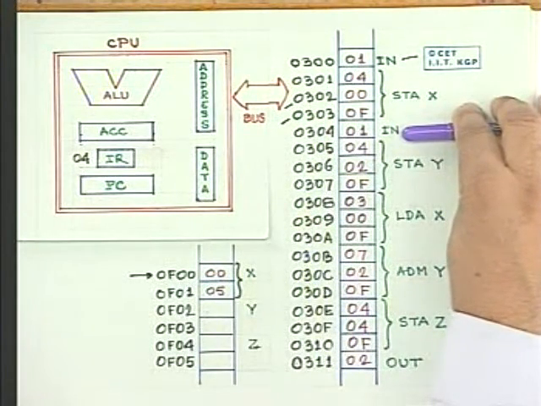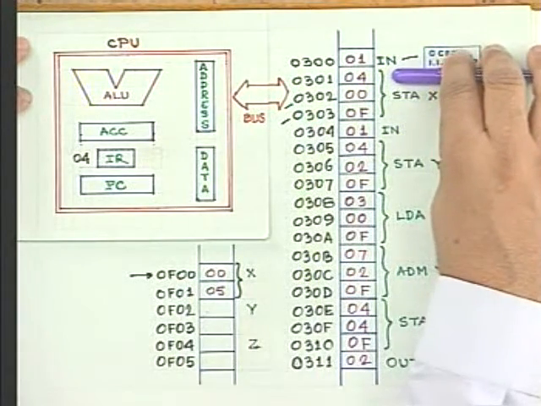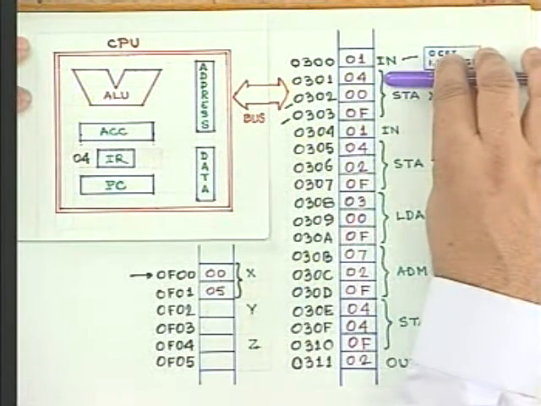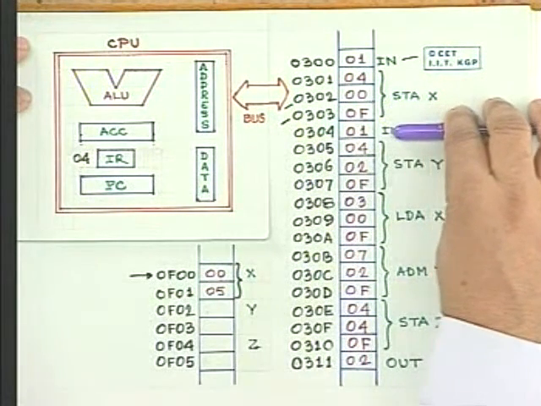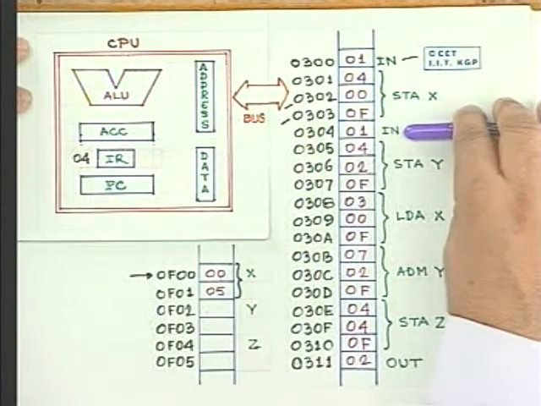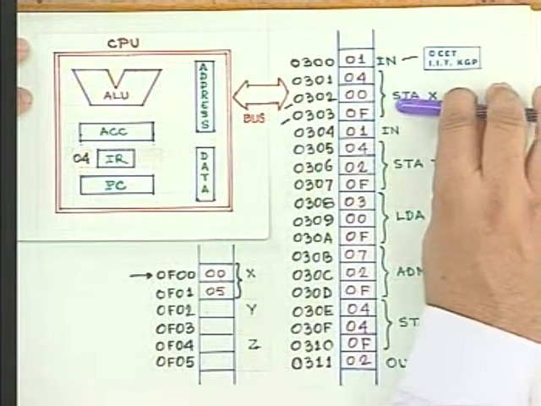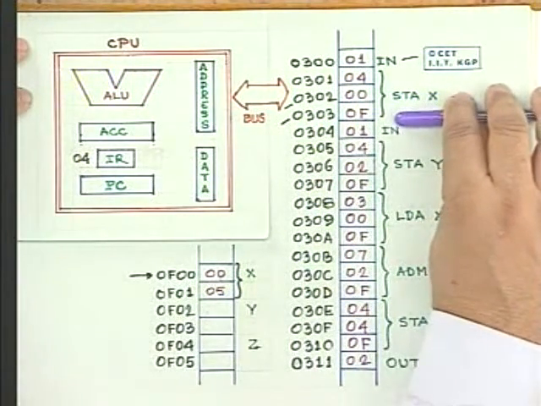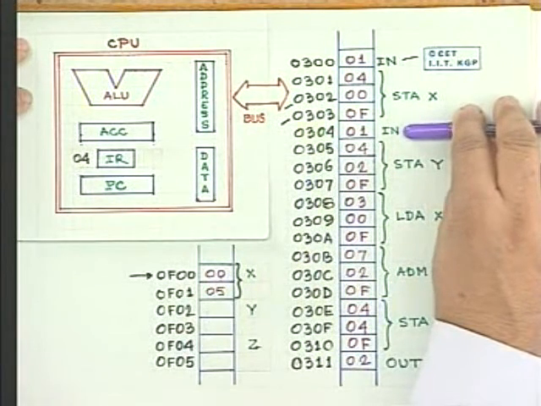Let me just clarify once more that as an instruction is executed, the program counter is automatically incremented 1 byte at a time, so that at the end of execution of an instruction, the program counter now points to the next instruction that will be executed, which means that after the store accumulator X instruction is executed, the program counter will automatically be pointing to IN.